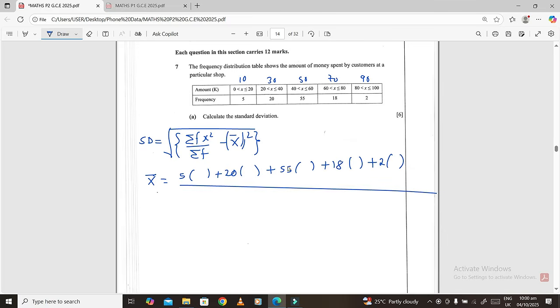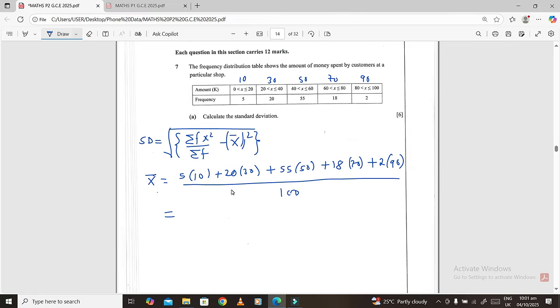So everything here over 100. What are you supposed to put inside the brackets here? The midpoint. So 5 will go with 10, here it's 30, here it's 50, 70, 90. Okay? Once you do that, you can now work out.